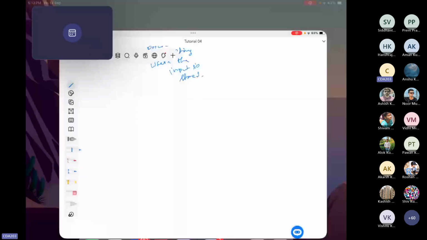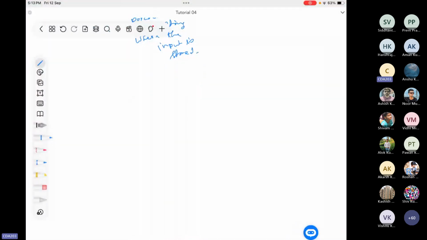Okay, so next is pointer. Pointers in C. This is a very important thing. What a pointer does is that it stores the address of a value.